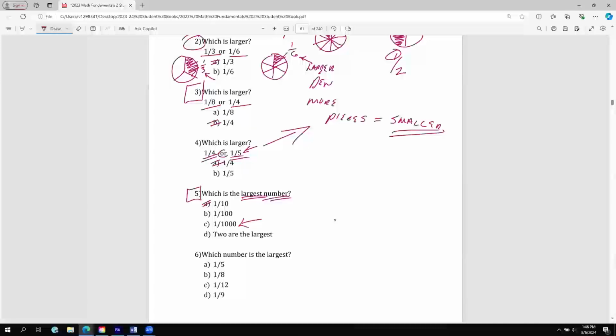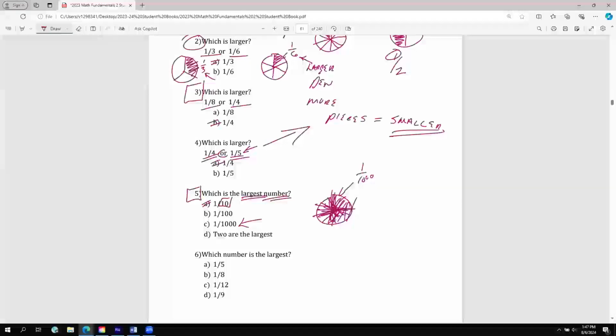No, no, no, no. You remember, you're taking the same cookie and you're making 1,000 pieces. That means that these pieces are extremely small. In fact, nobody's going to want to take a piece of that 1 of 1,000 because the pieces are so small, they're going to get upset. They'd rather have something that's cut into 10 pieces and you give them 1 of them. That's a nice size piece.